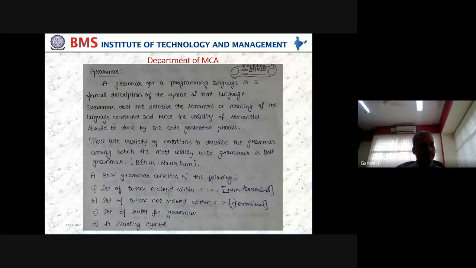Okay. Fine. So hope you have gone through this screen. So in lexical analysis, we use the concept of a grammar. It's not our English grammar, even though the name is the same. We have a very important and interesting topic called grammar in compiler design. I don't know how many have heard about finite automata.